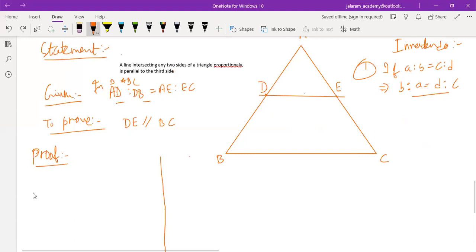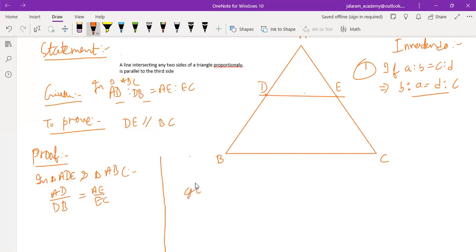So let's now start. First of all, we write the names of the triangles for which we have to prove the similarity. In triangle ADE and triangle ABC, AD is to DB equals AE is to EC is given.